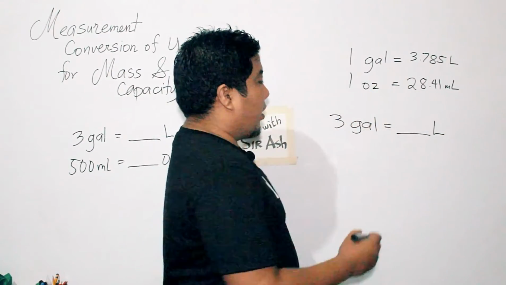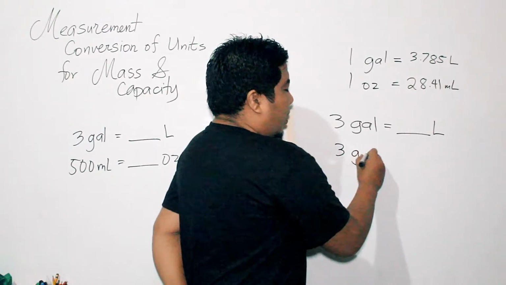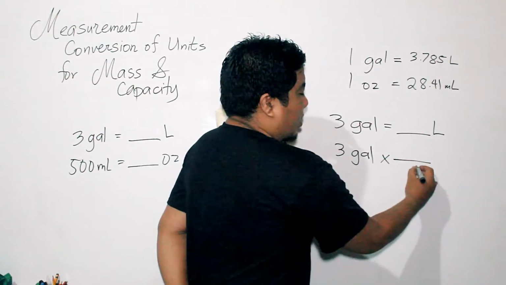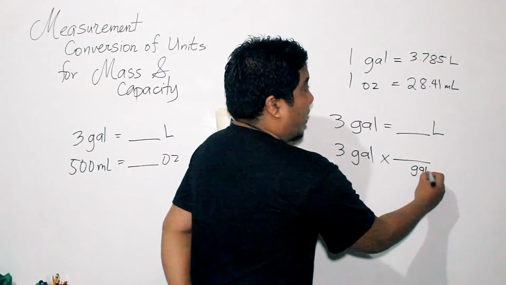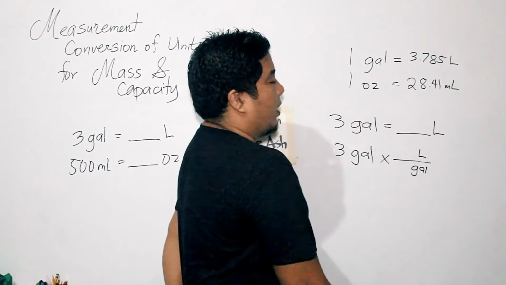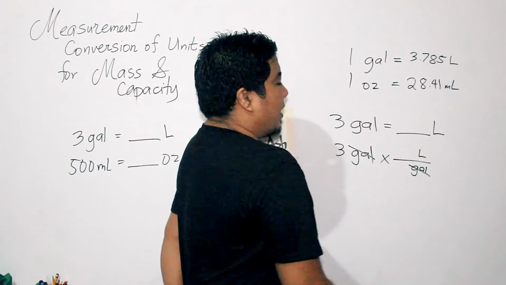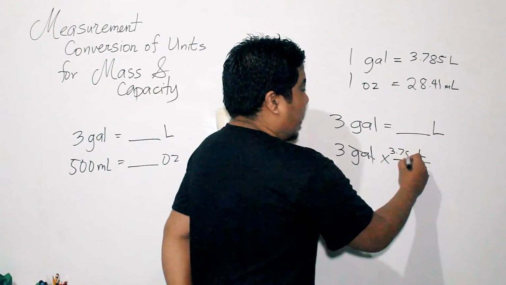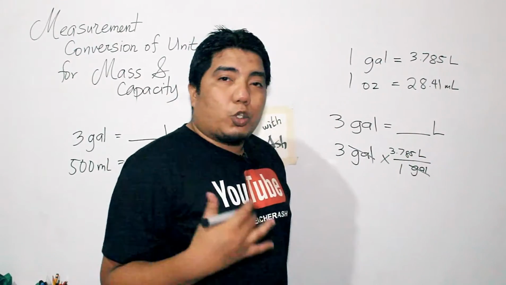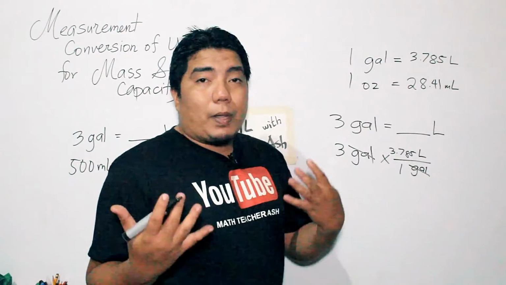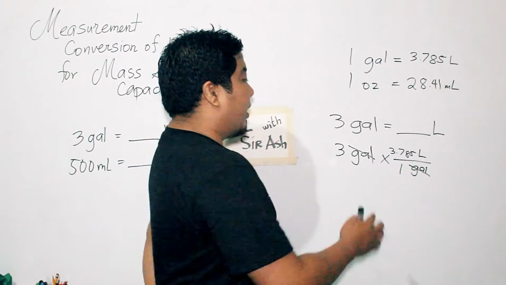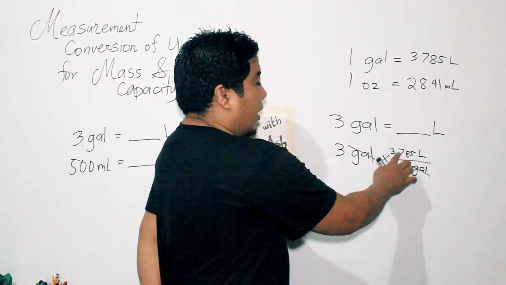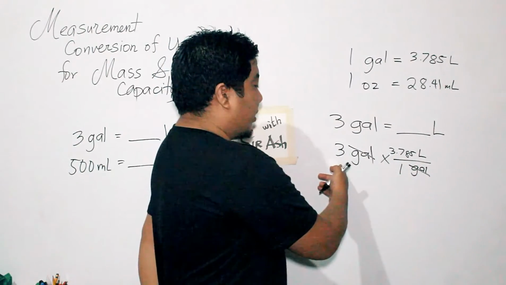So, what we do here is very simple. We just use the conversion ratio. We multiply that, in which the denominator will be gallon and in the numerator will be liter, so that this will be cancelled. It says that in 1 gallon, we have 3.785 liters. So what we can do here is you just multiply the given mathematical sentence and then divide it by 1. So what is the answer for 3.785 times 3?